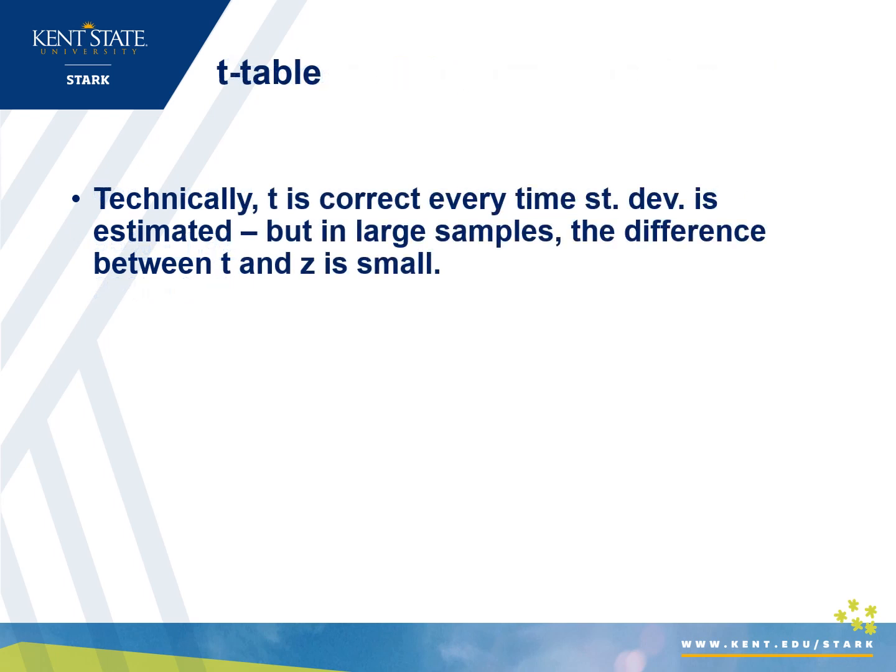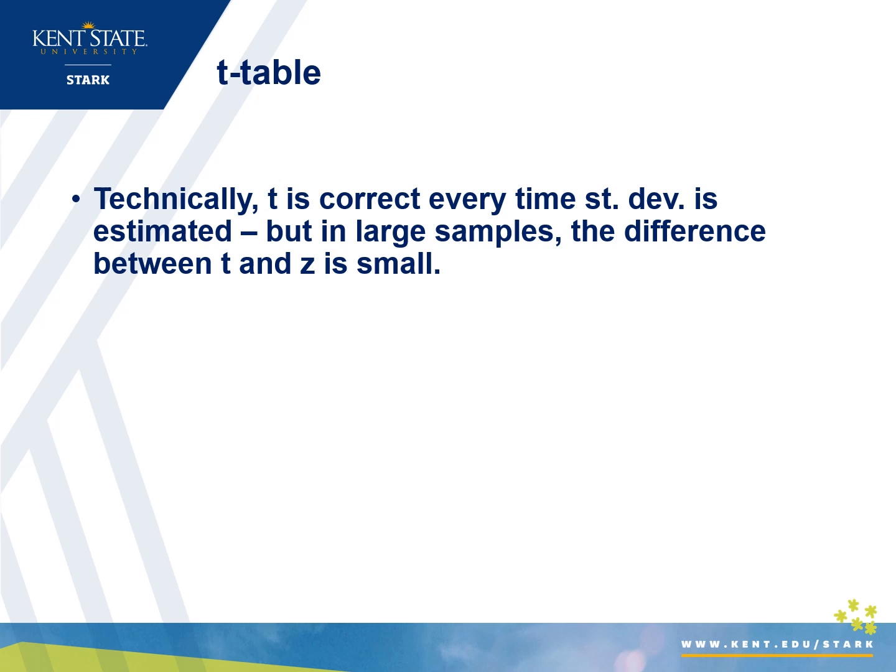Another point about the t-table. Technically, even with large samples, if we're estimating the standard deviation, the t-distribution is correct. However, in practice, once the sample size reaches 30 or so, the difference between the two becomes so small that we just use the normal distribution. However, this is, to some degree, really a relic of the age before computers and statistical software were so widely available.